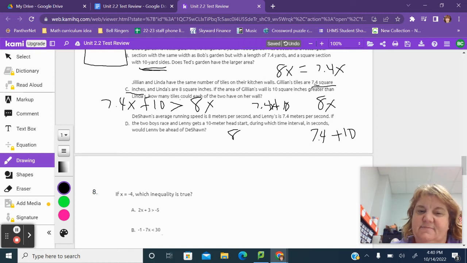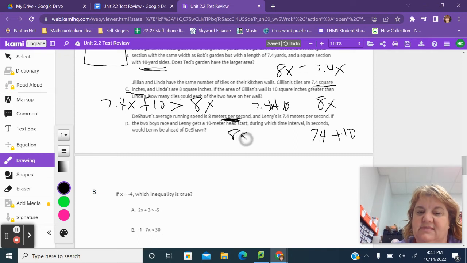This one's it, guys. Definitely. If the 2 boys race and Lenny gets a 10-meter head start, during which time interval in seconds would Lenny be ahead? So this, we see that it's 8 meters per second.